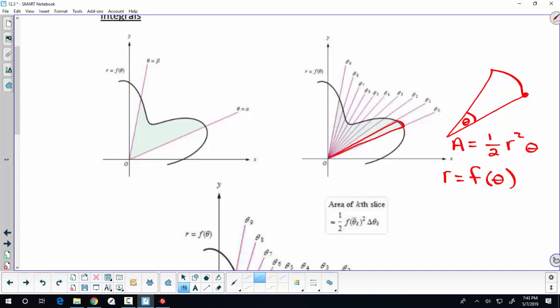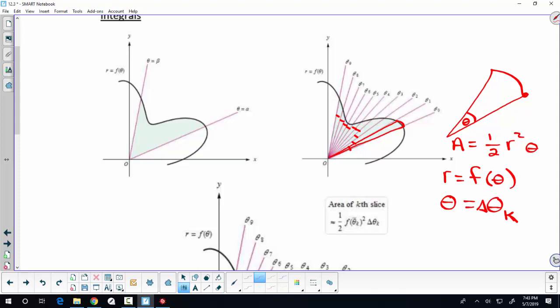But the point is as we made those smaller and smaller, they all approached zero. So these thetas are really delta theta sub k for each one of these. So here's theta 1, here's theta 2, theta 3, theta 4, theta 5, et cetera.